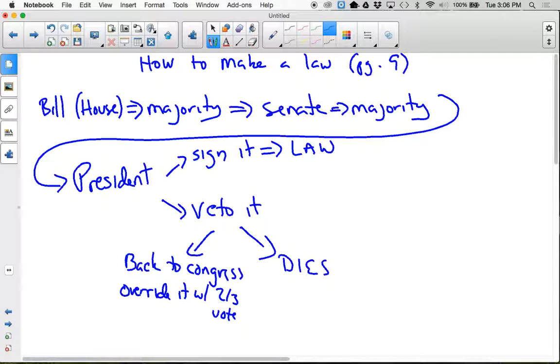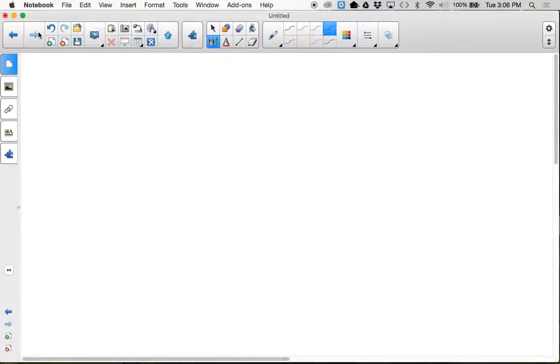Okay. Couple other things. If we go to page 10 in your packet, okay? There are the enumerated powers and there are the implied powers.